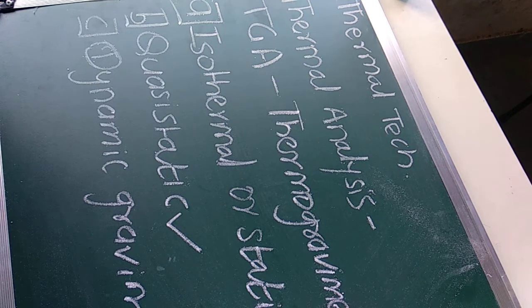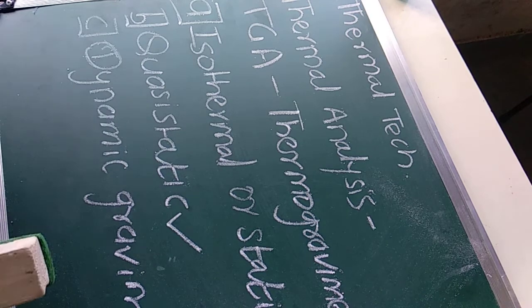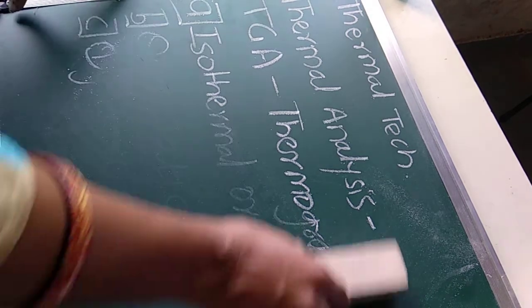In quasi-static thermogravimetry, the sample is heated to constant weight and temperature is increased. And in dynamic thermogravimetry, the temperature is increased or decreased. This is all about the introduction of thermogravimetric analysis.